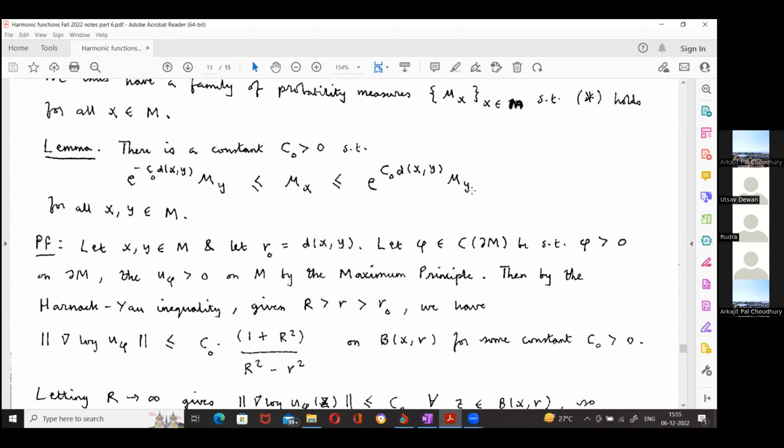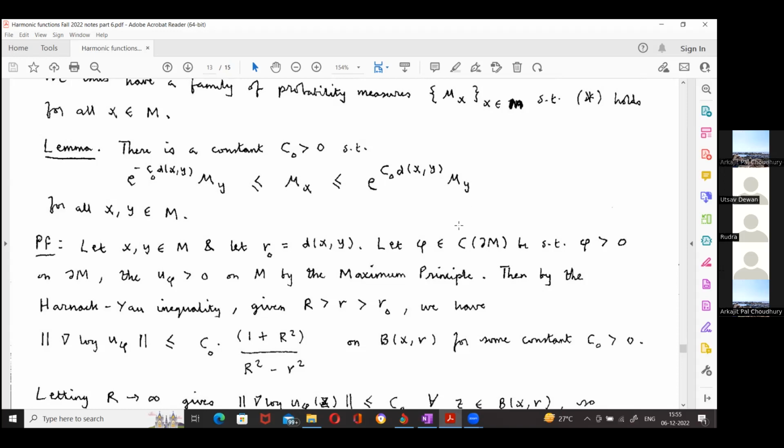So to see this, it's enough to show that the integral of any non-negative function phi d mu x is less than or equal to e to this constant d(x,y) times the integral of phi d mu y, right? So what is the integral of phi d mu x? It's the solution of the Dirichlet problem, its value at x, and the integral of phi d mu y is the solution of the Dirichlet problem, its value at y.